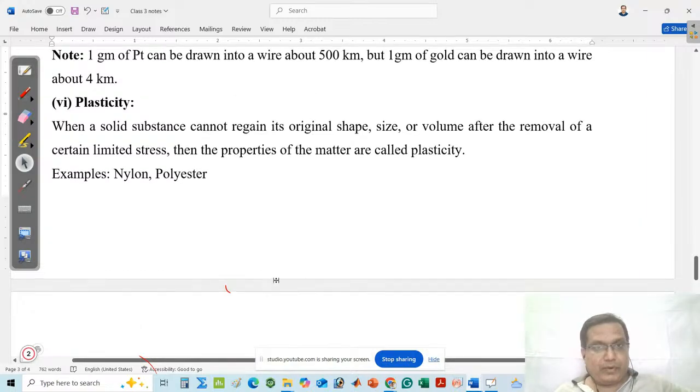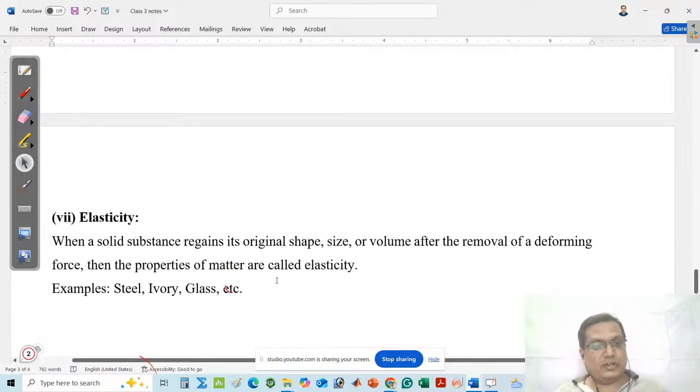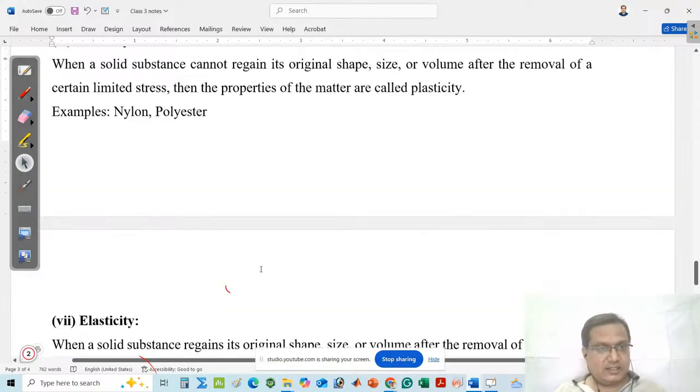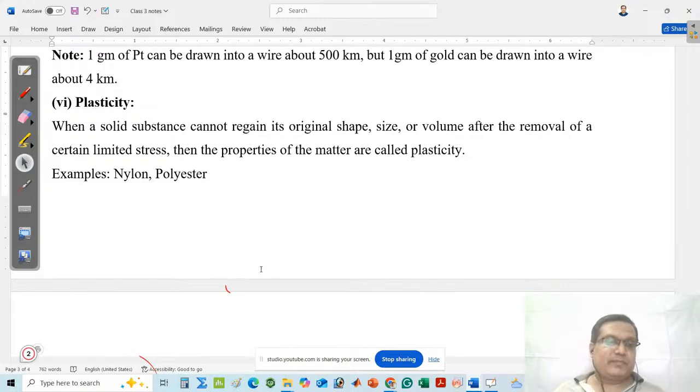Then such a property of the substance is said to be elasticity. If it does not regain its original shape, size, or volume after removal of the stress, that is, the external force, that is said to be plasticity.